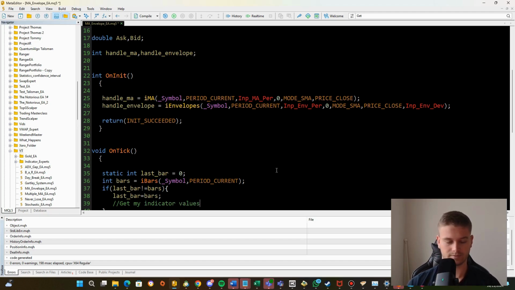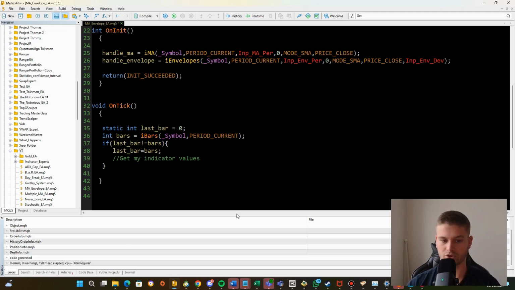Okay, so this is where I will work with the copy buffer functions.